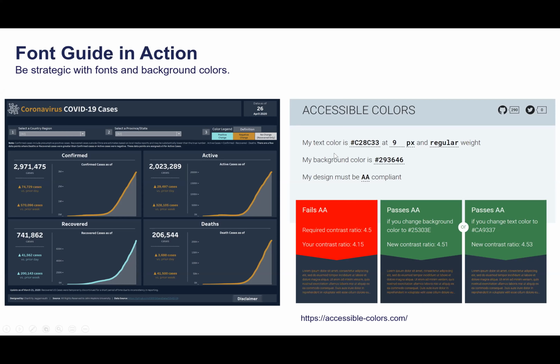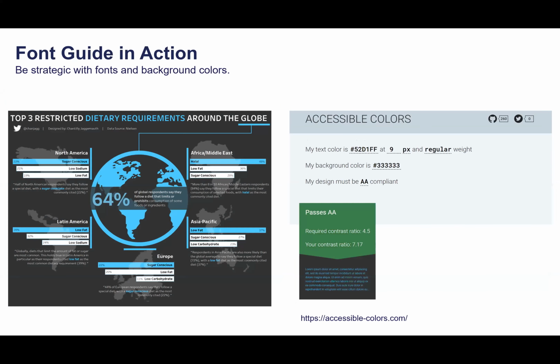What's neat about this tool is that it provides you with two changes that you could make to either the background color itself or the text color to make it compliant, right? So here it's telling me to either change the background or change the text color to these hex codes, and it'll be compliant.